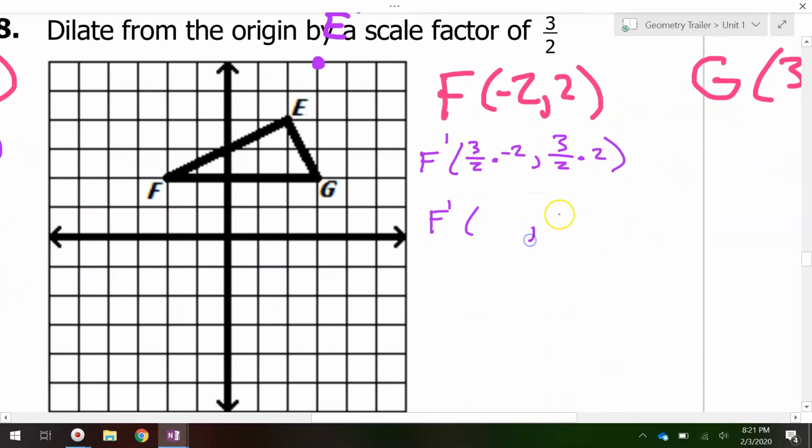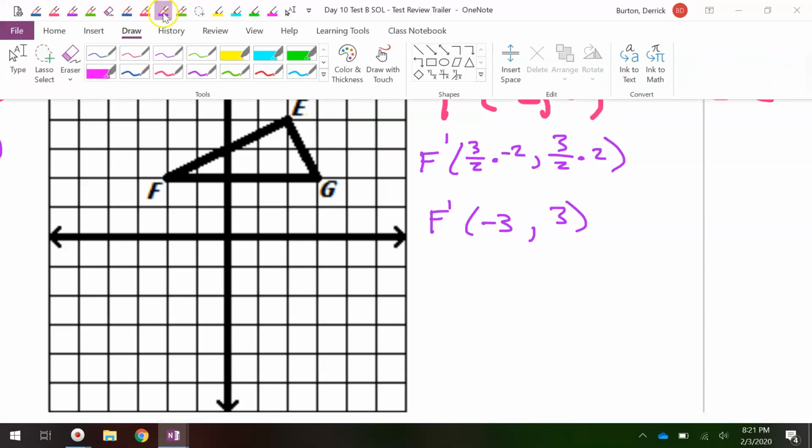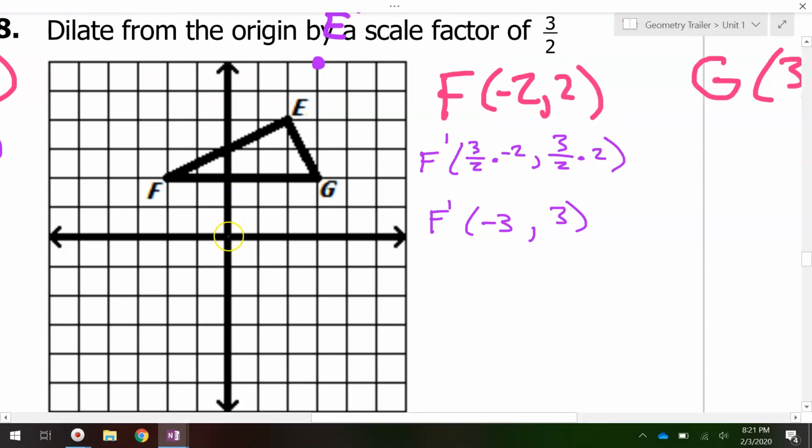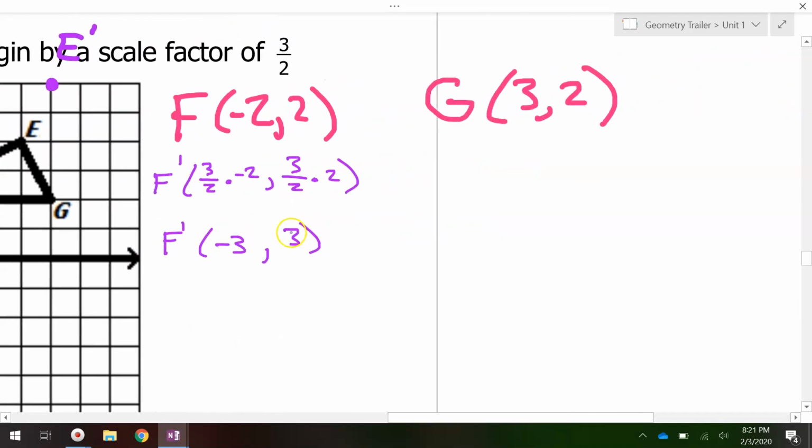So we already know that this is going to be 3. The only difference is this one is negative, so that means that's going to be negative 3. So we don't have to go through all of the steps. We can do a couple of shortcuts. So let's see, negative 3 comma 3 would be right here. So that is going to be F prime.